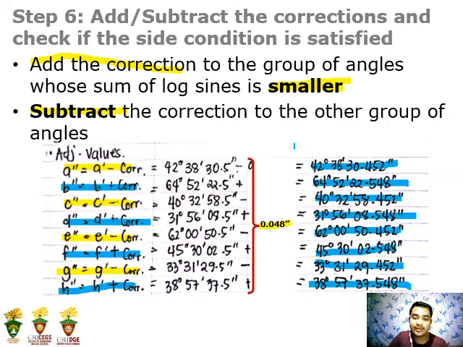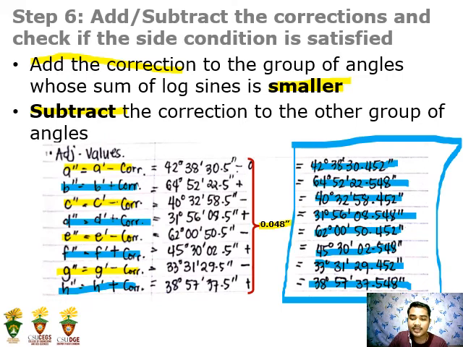So those are the values of the adjusted angles after the side condition.